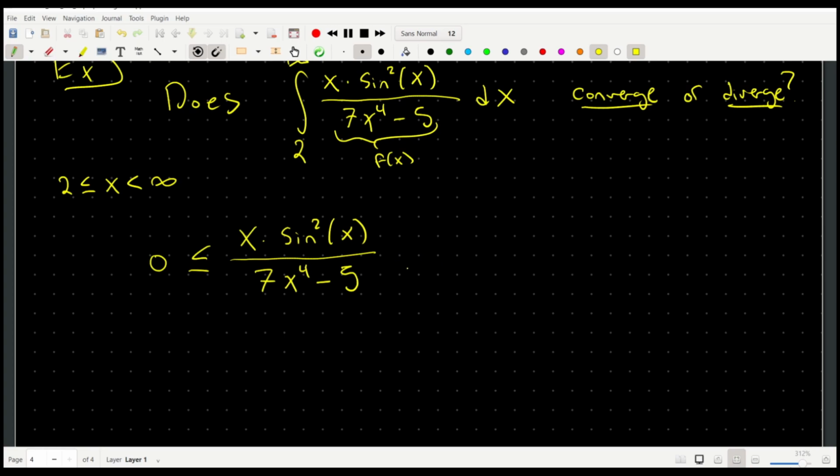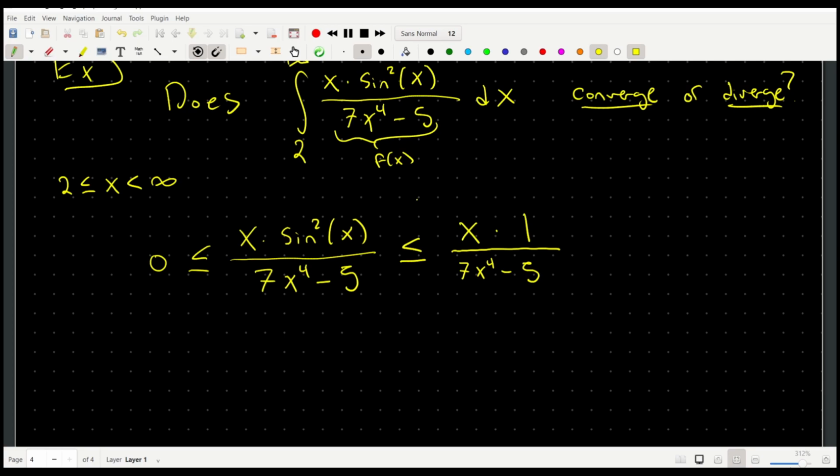And we also know that this will always be less than or equal to x times 1 over 7x to the fourth minus 5, because the sine function is always bounded above by 1.